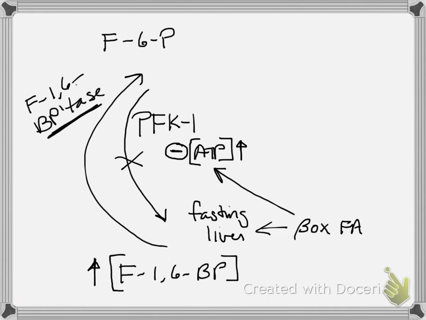The other aspect that controls PFK1, because this is not sufficient, since we need to make sure that gluconeogenesis fires in one direction, is going to be the conversion of fructose 2,6-bisphosphate into fructose 6-phosphate. So remember that we have PFK2 activity involved in here.